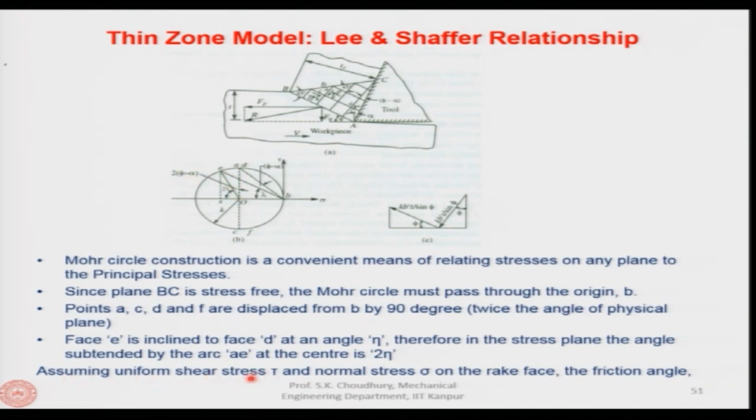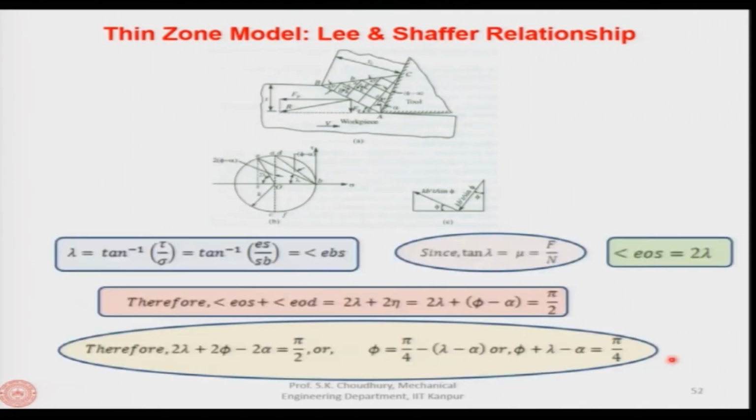Assuming uniform shear stress tau and normal stress sigma on the rake face, the friction angle we can find out here, and this will be the tan inverse of tau by sigma.